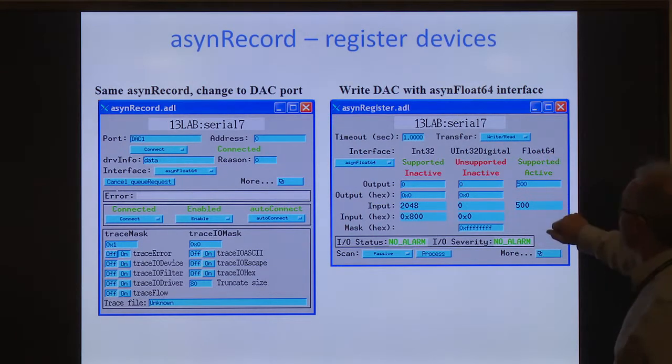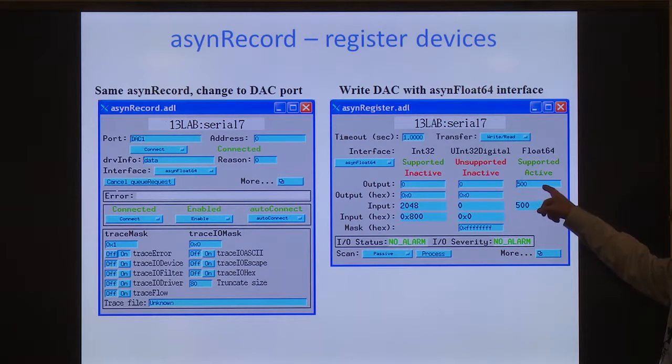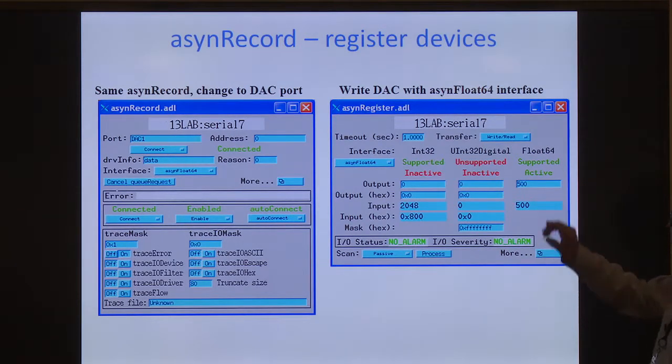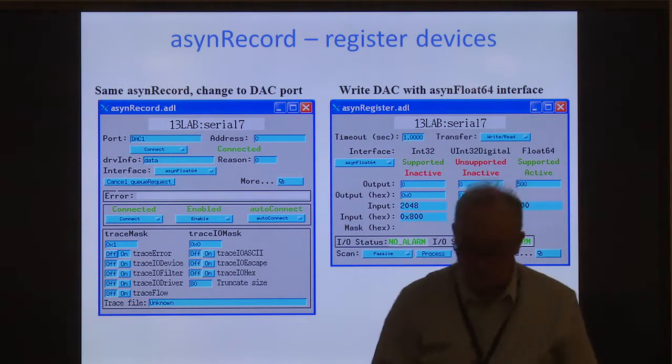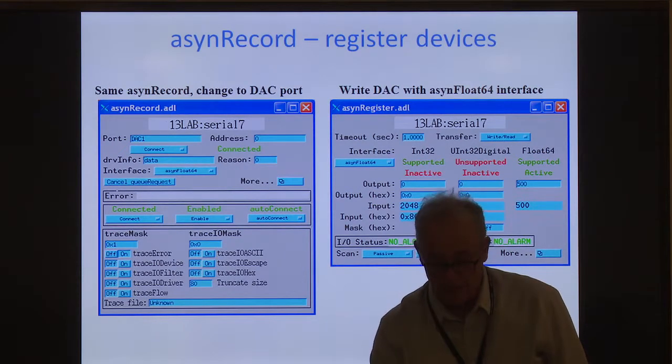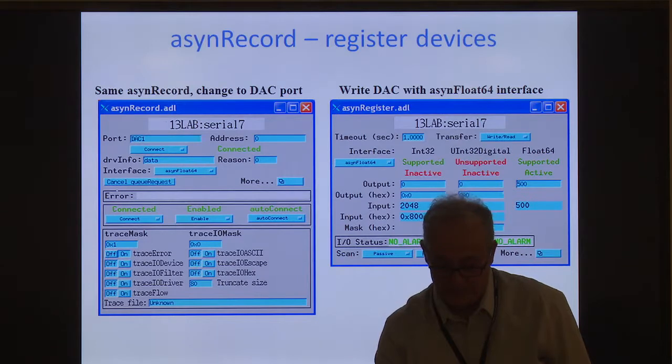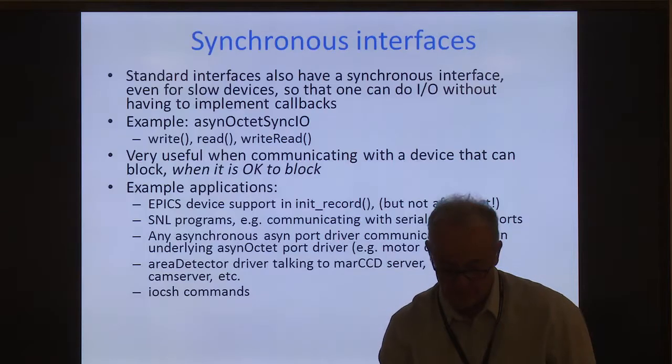No, I'm sorry, this is the float64 interface, so I wrote 500. So I've changed my device, so I'm writing a value to the DAC in this field. So it lets you do lots of pretty useful debugging in your GUI instead of having to do it by writing a C test program or a Python test program.